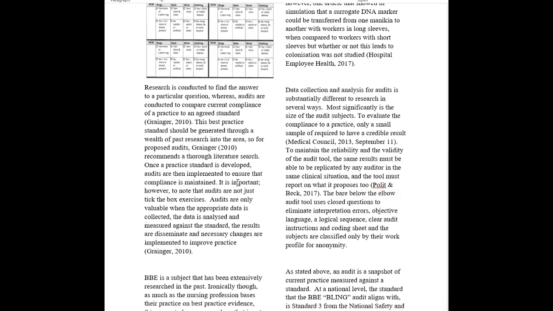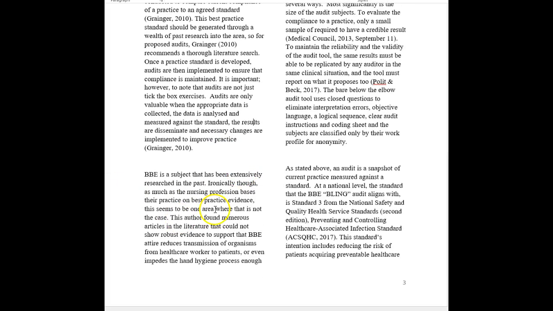Sometimes you need to go through the audit cycle a couple of times to ensure that the practice you're looking at is improved. Probably it would be useful to have this earlier in the paper, but it's fine that it's here. I just think it would be better as the second paragraph after the introduction, and you can have a look at that yourself. That's in the task about what that's about.